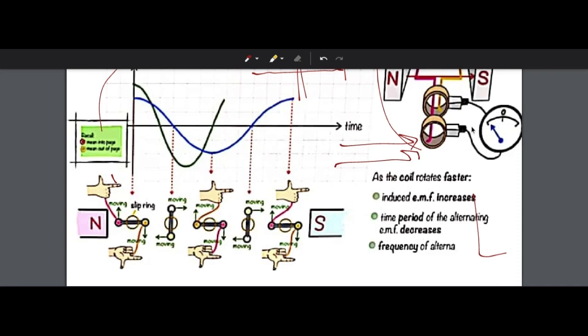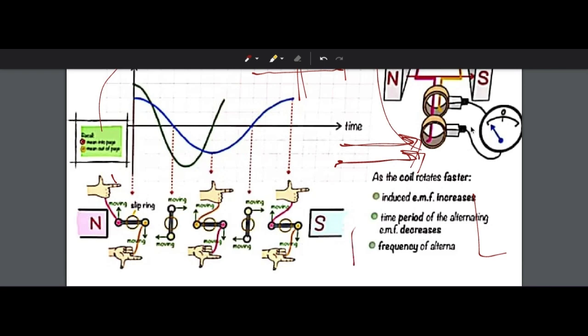So look here. The movement and the magnetic field are parallel. This arrow, the movement of the coil and the magnetic field, both become parallel to each other. And the induced EMF then reverses due to the action of the slip rings. Note that because of the position of the slip rings, the induced EMF is reversed. So with the commutator, the induced EMF then increases in the opposite direction and reaches its maximum again when the coil returns to the horizontal position.